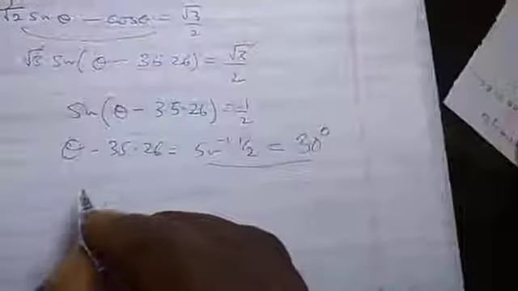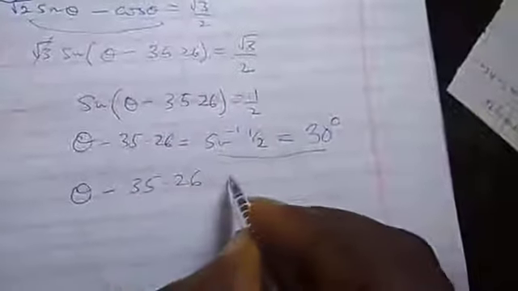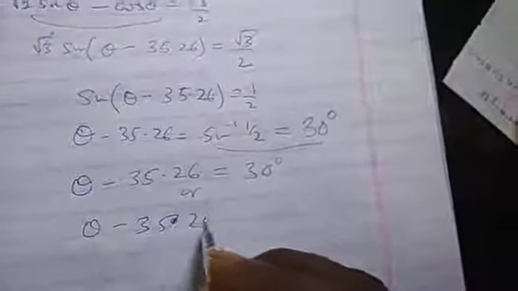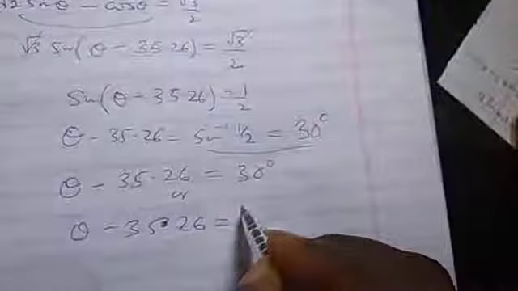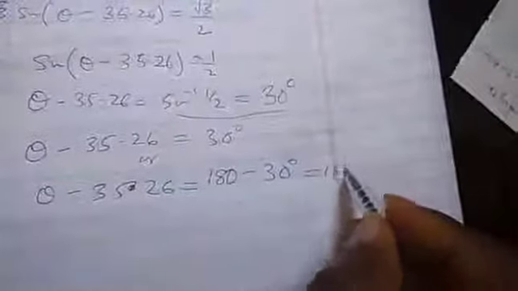Where sine is positive, theta minus 35.26 is equal to 30, or theta minus 35.26 is equal to, that will be the second quadrant. What we have there is 180 minus 30, which is 150.